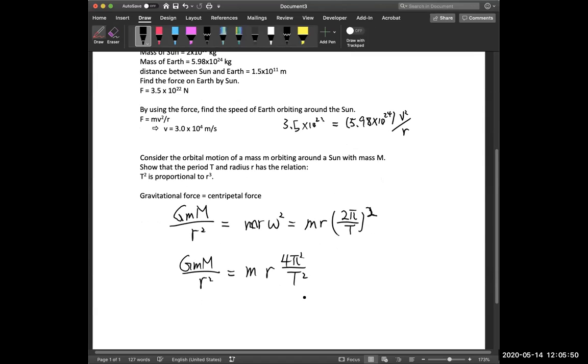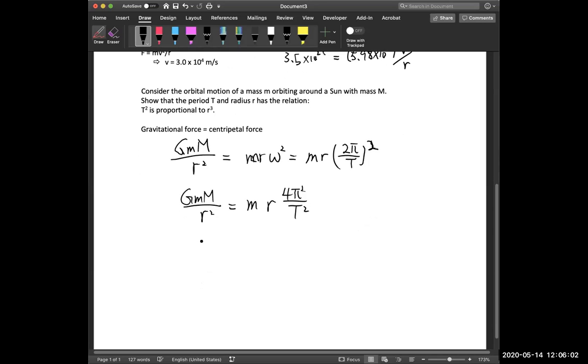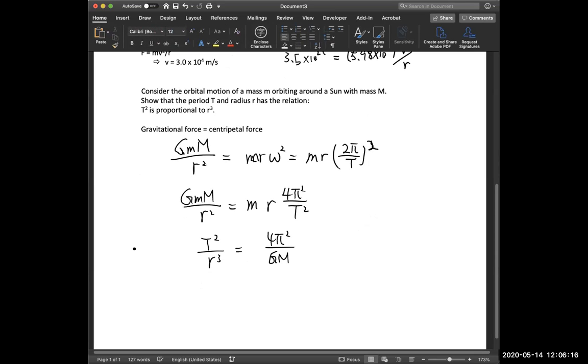Actually, in the past paper, they also asked you to find the proportionality constant in this formula. So let me rewrite the formula. Okay, this one. And actually, this formula has also a name for it.